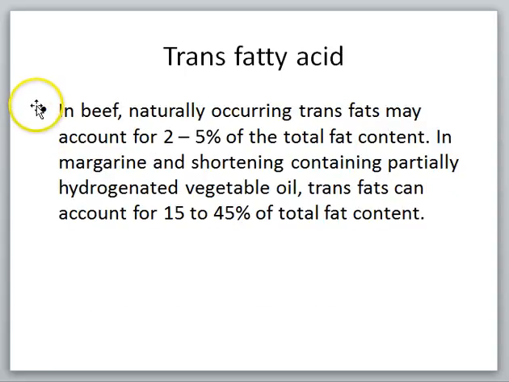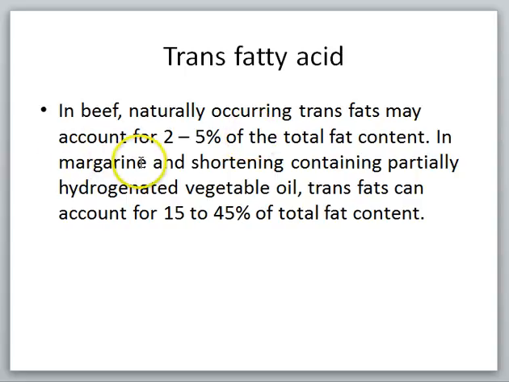Now, kind of like earlier when we talked about fructose, you have fructose as a naturally occurring sugar, and then you have high fructose corn syrup, manufactured material. Same way with these trans fatty acids. Trans fatty acids are naturally occurring. In beef, about 2 to 5% of the fat in beef will contain trans fats.